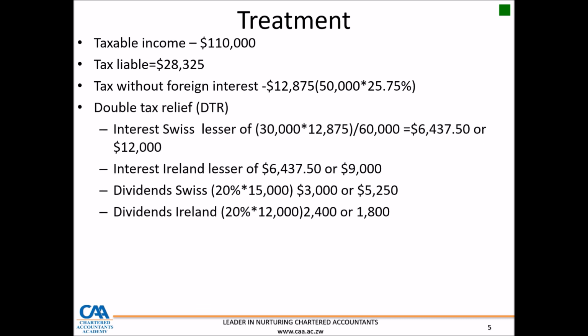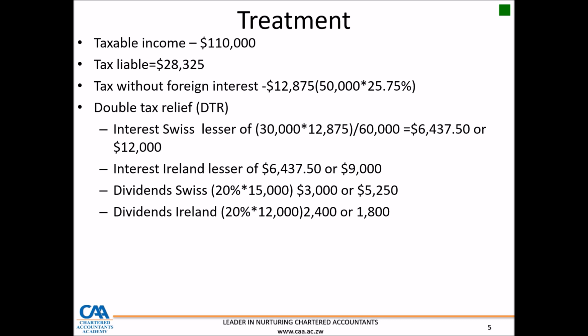Now let us look at the reliefs that we can get as far as foreign interest is concerned. So using section 92, assuming that we have double tax reliefs with Switzerland and Ireland. Even if we didn't and we applied, we could actually apply section 93 to this. The calculation is still the same whether we're using section 92 or section 93. So how do we go about this?